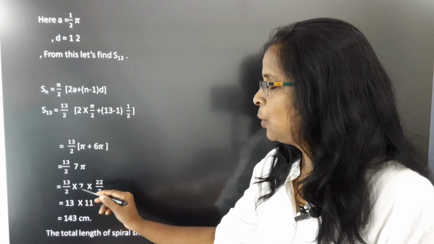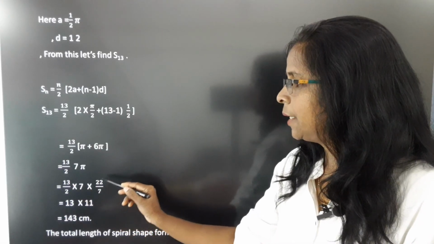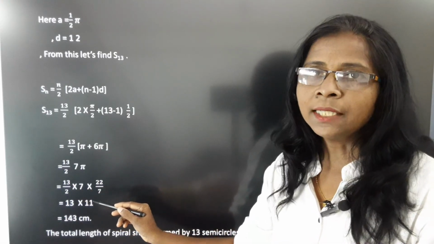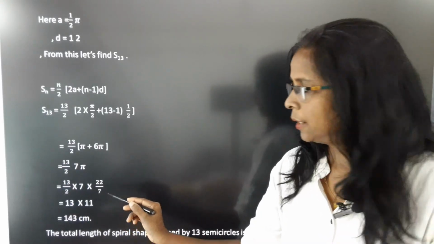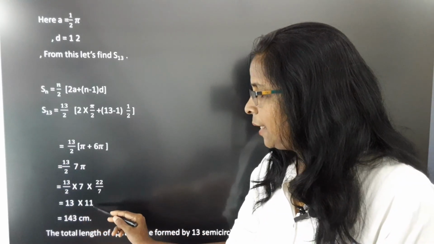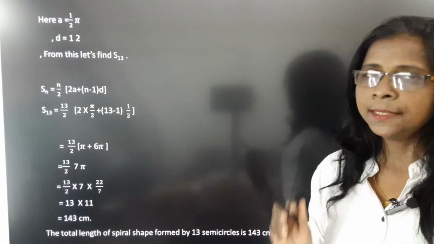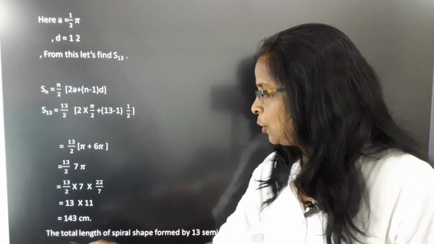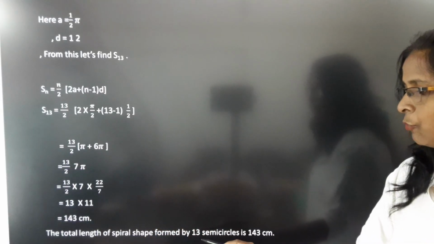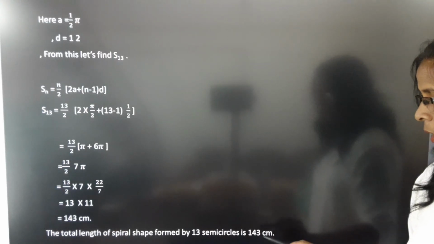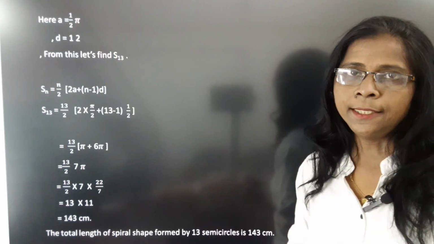So 13 upon 2 multiplied by 7 multiplied by 22 upon 7, that is substitution of the value of pi. So here 13 multiplied by 11, so 143 centimeter. So this way the total length of the spiral shape formed by 13 semicircles is 143 centimeter.